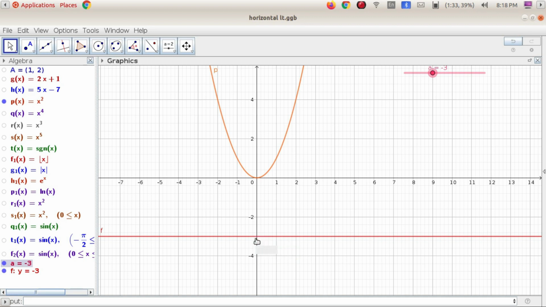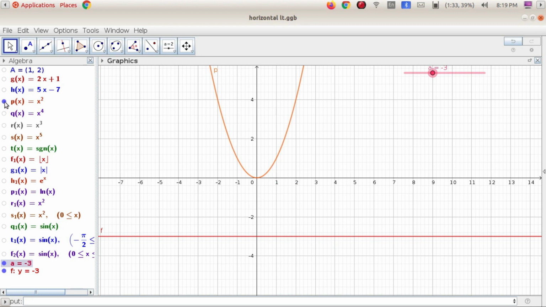So a negative y value has no preimage. So this horizontal line does not intersect the graph of x square. So the function is not onto. When the horizontal line has no points of intersection, the graph is not onto.